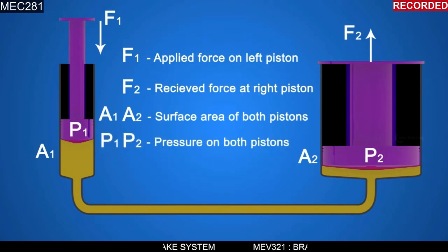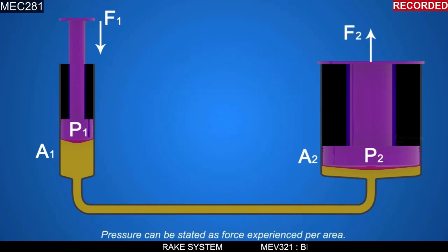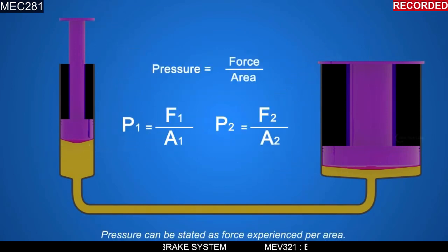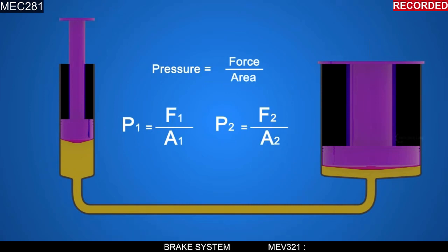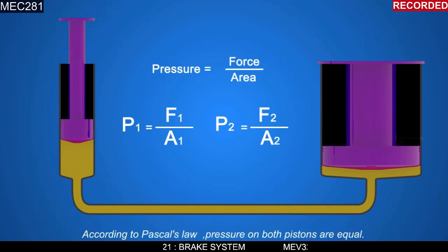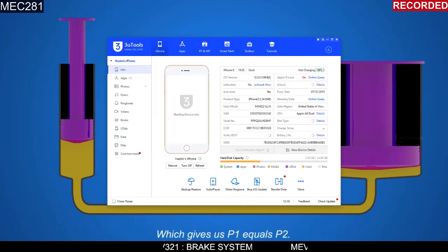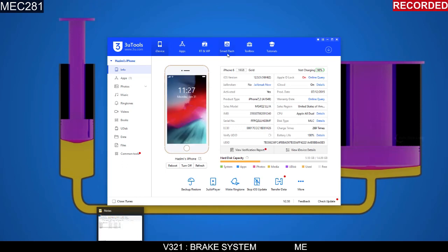P1 and P2 are pressure experienced by both pistons. Pressure can be stated as force experienced per area. So P1 equals F1 by A1, and P2 equals F2 by A2. According to Pascal's law, pressure on both pistons are equal, which gives us P1 equals P2.